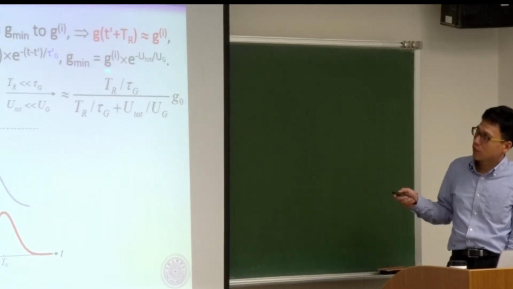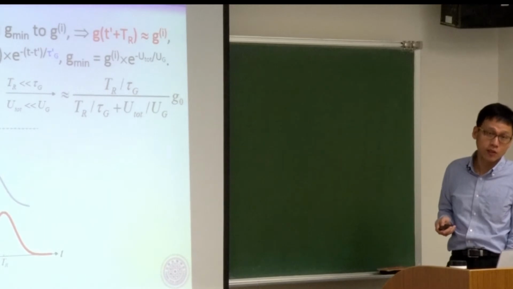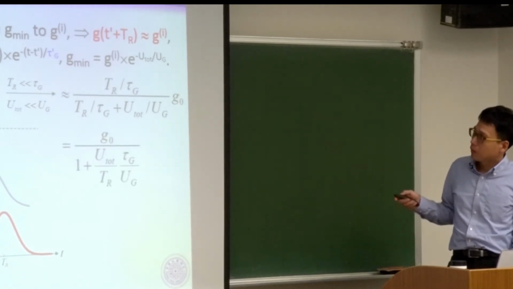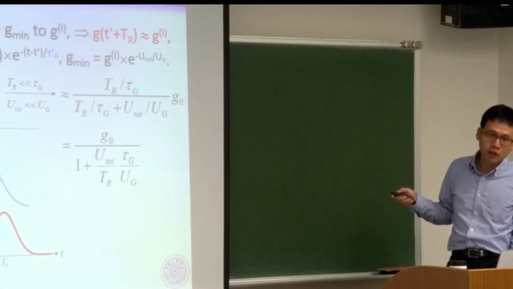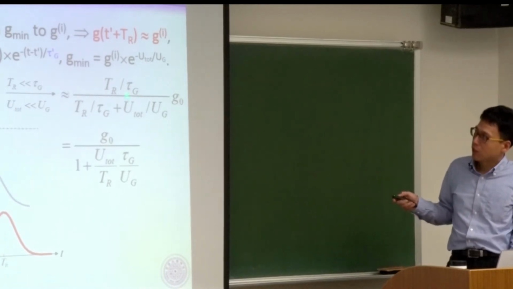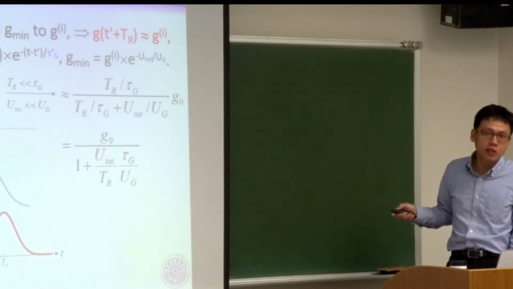And of course, the adjustment factor is less than 1 because the initial gain is always less than the small signal gain. Okay? But you can reorganize. Divide by TR over tau g for the numerator and denominator simultaneously. So the numerator becomes 1, the denominator the same thing, so this is 1 plus a factor with 4 terms here.